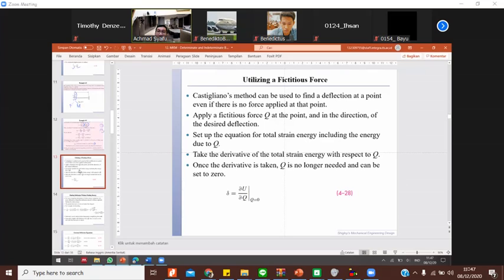Then we calculate the total strain energy, including the fictitious force, and follow the procedure as usual. After the partial derivative is completed, we can set Q equal to 0.